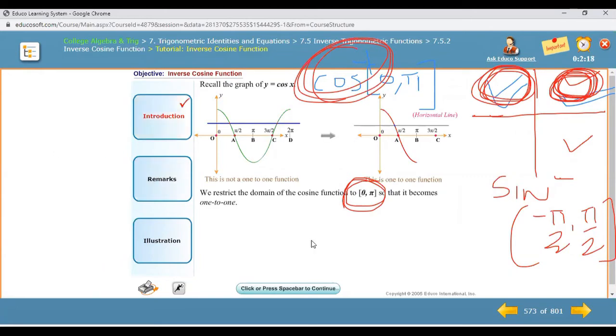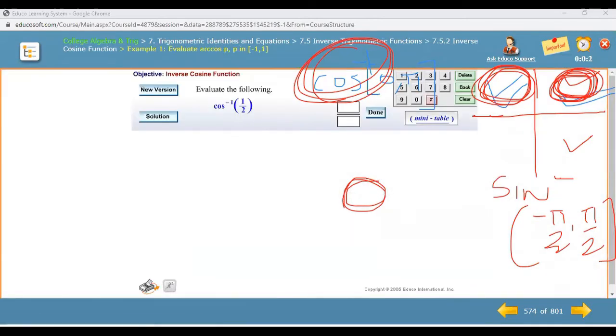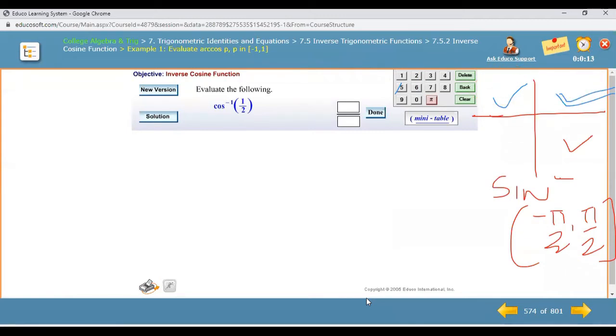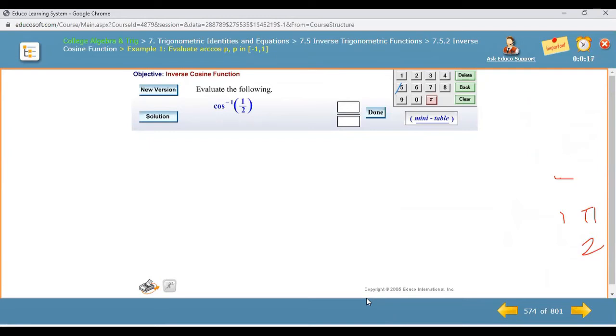Okay, let me pull up a question and you will understand it better. See this one here. Again, they're asking about cosine inverse of 1/2. I'll write alpha equals cosine inverse 1/2.